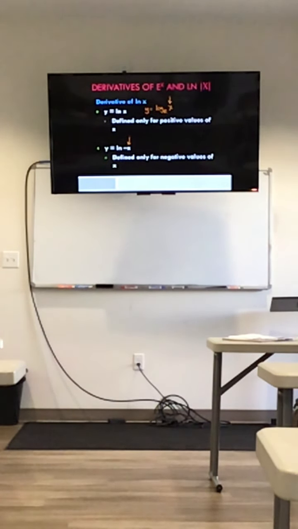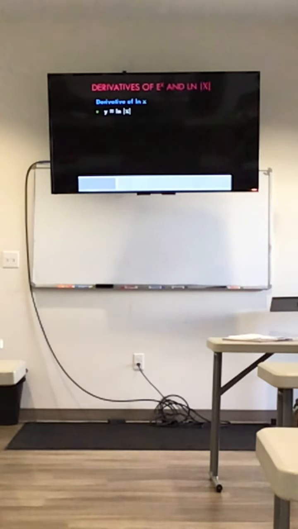But how can I fix this so it works for anything that I were to put behind a logarithm? I would put an absolute value bar. What always happens when we do an absolute value in our question? It's always positive, and that will keep a positive behind the logarithm of your question. I can do the derivative if it just says ln x, if I only have a positive number. I can do the derivative of ln negative x only if I have a negative number for the x.